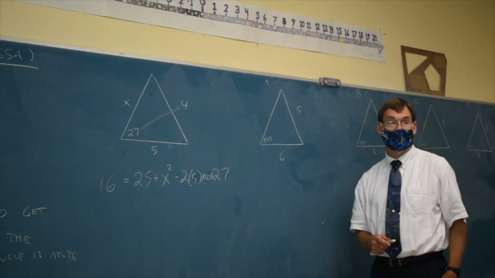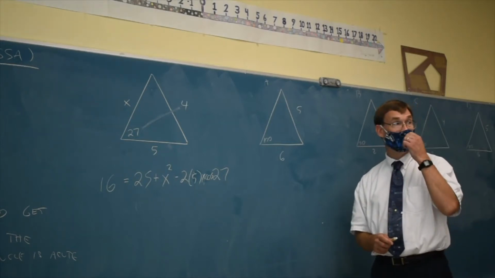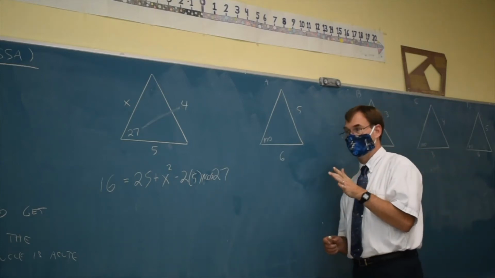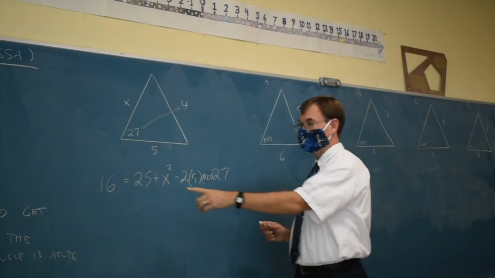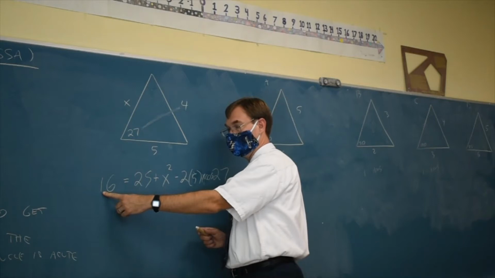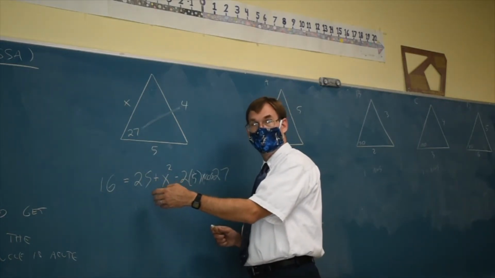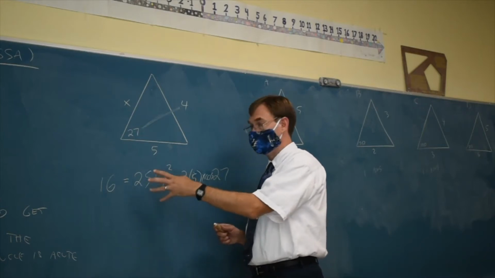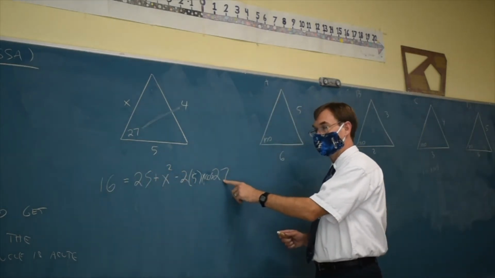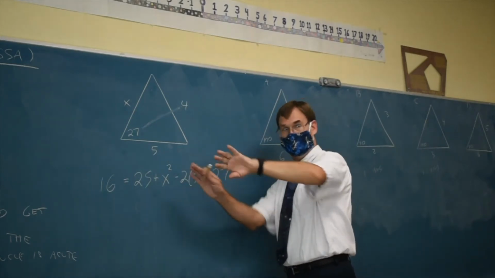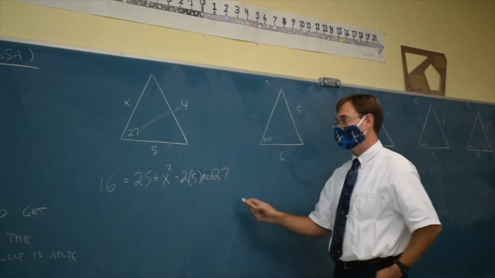Anybody mad at setting the law of cosines up? This is new to your life. Okay, last time we did the law of cosines lesson, we had a bunch of them that were x squared equals, and we just had to do algebra and take the root of stuff. Sometimes the x was here, and we had to do a lot of algebra opposites to get everything cleaned out to get the angle.